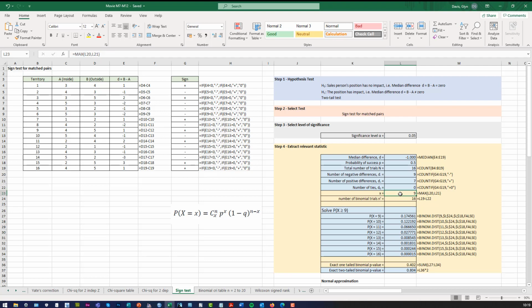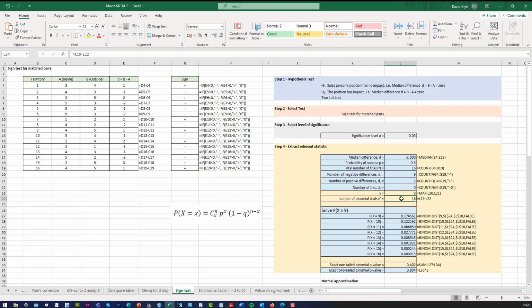So the value of X that we want is going to be 9, and the number of binomial trials, therefore, is 16 minus 0, which is 16. Okay, so we want to know binomial for X equal to or greater than 9. So it's 9, 10, 11, 12, 13, 14, 15, 16, because the maximum number is 16, remember, which is given by that number there.